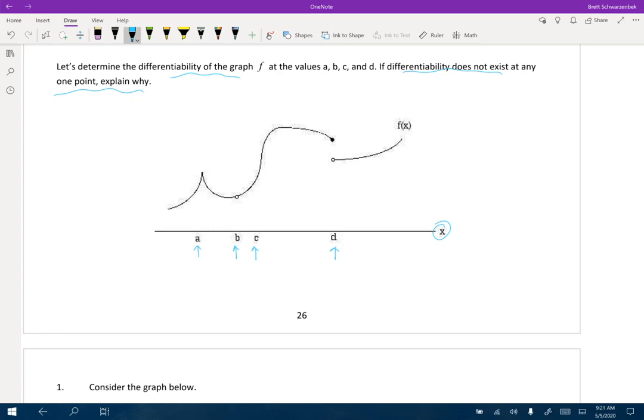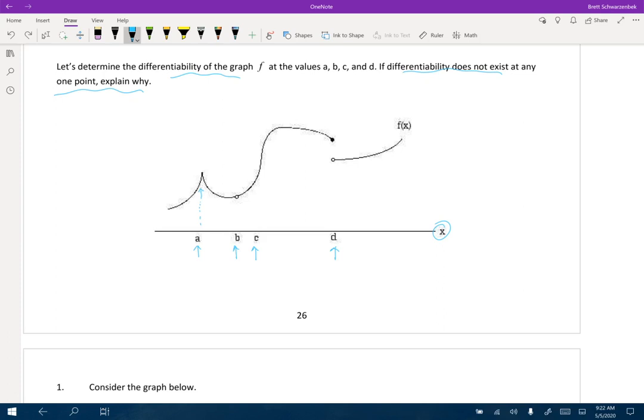Okay, so if we go up from A, we see this scenario happening here. If I was to draw this, I clearly do not need to pick up my stylus in order to draw it. So that means it's not about continuity. It has to be about one of the other three scenarios.